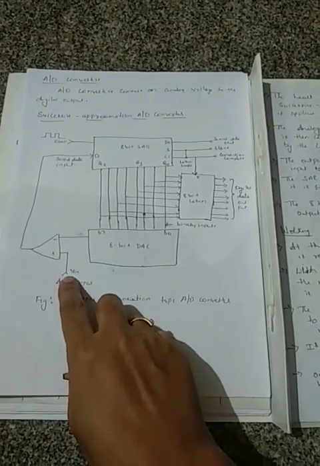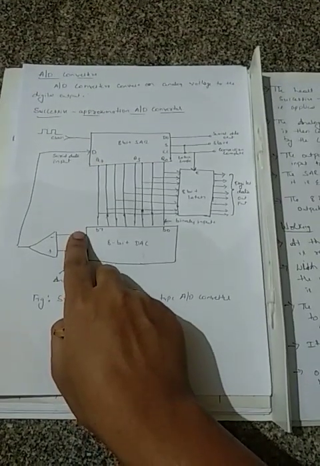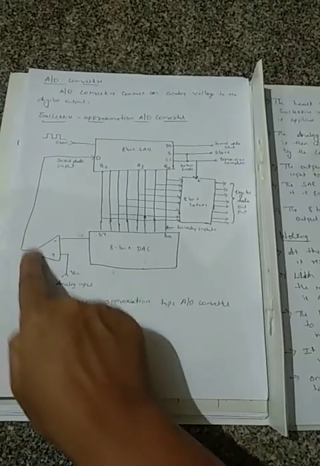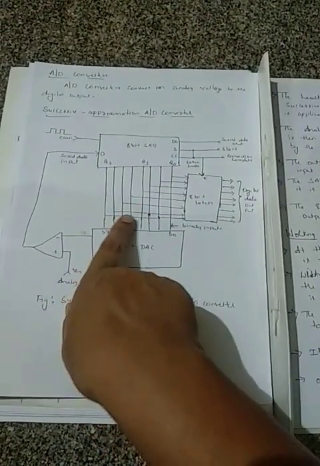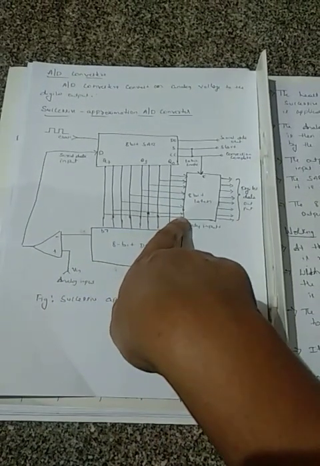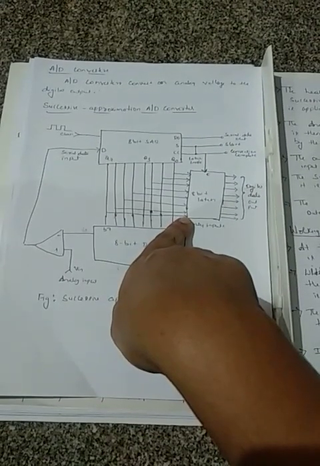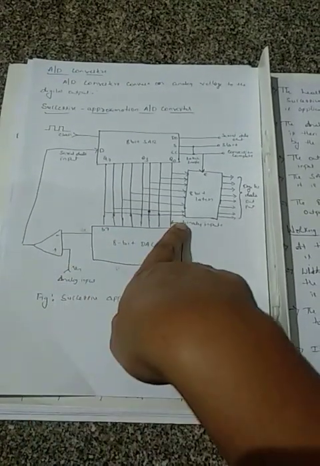On the other hand, if Vin is greater than the analog output, the SAR will keep Q7 high. That will be stored in the 8-bit latch. So now the first digital data output corresponding to this analog input is 1.